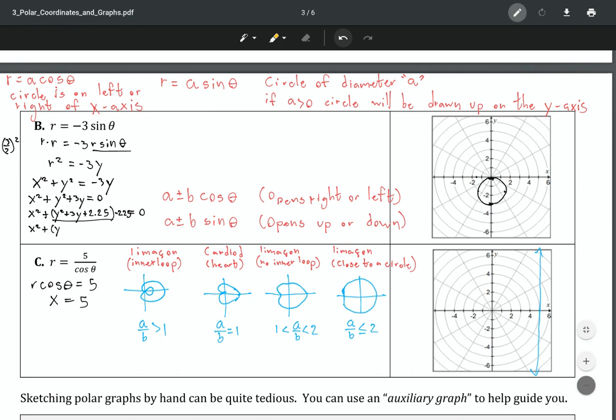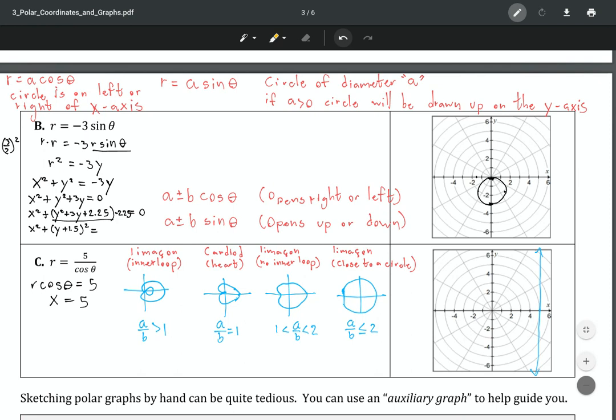this is going to be y plus 1.5 squared. That is correct.